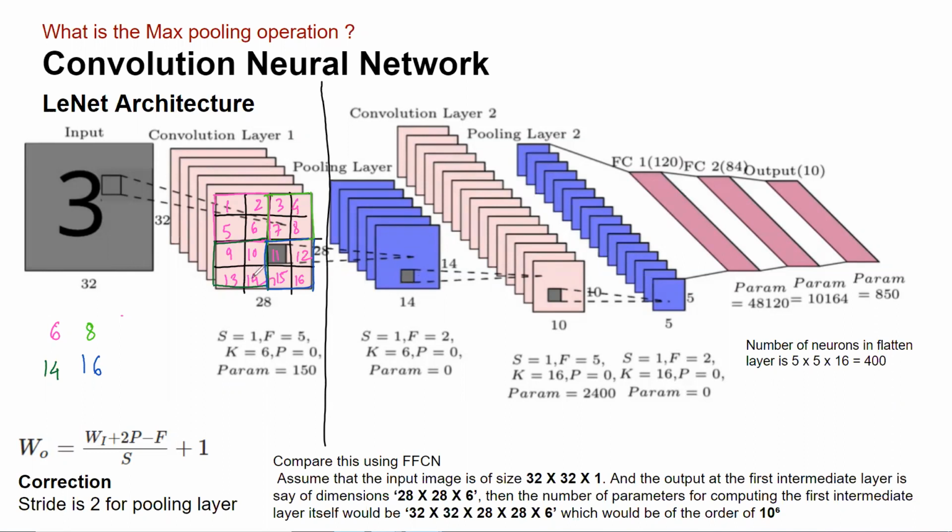Now the number of learning parameters will be 2400. How 2400? 5 into 5 into 16. Yes. That's why you got a total of 16 2D matrices.